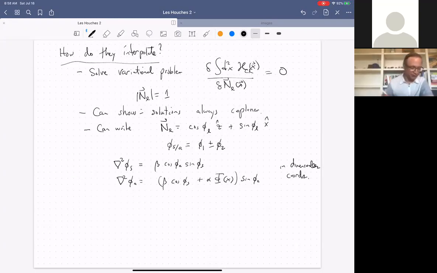For example, one thing one notices is that if we take both phi s and phi a equal to 0 or equal to pi, this is always a solution. This is actually the trivial solution. It's not the energetic ground state. It's never the energetic ground state, basically.